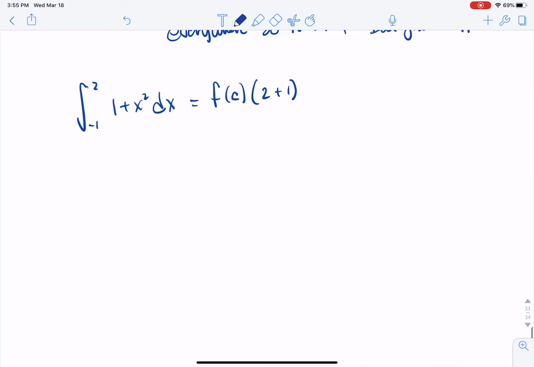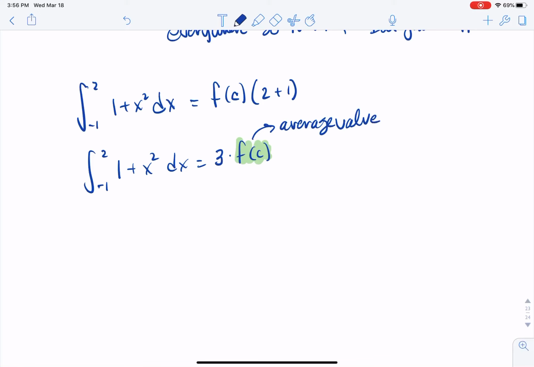So the definite integral from -1 to 2 of 1 plus x squared dx is equal to 3 times f of c. If I were to divide this 3 over, remember, what that would give me is the average value. And this average value is going to be the height of our rectangle.